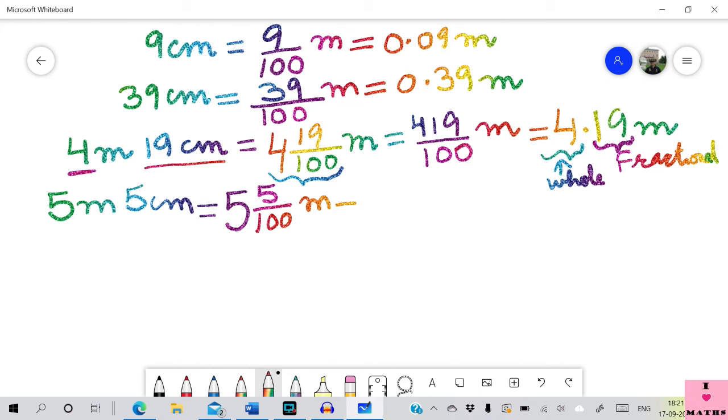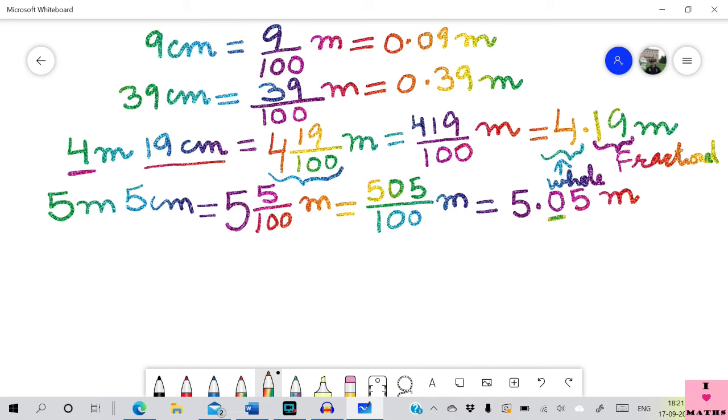Now we can change this mixed number into improper fraction. 5 into 100 is 500 plus 5 is 505 upon 100 meter, or 5.05 meter.